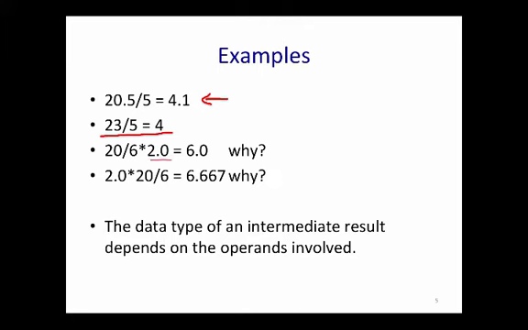Now we get a little more complicated, and we're doing multiple operations, both division and multiplication. You see the result is 6.0, and that may surprise you because there is a 2.0 in this expression. But the reason we get 6.0 is because C++ is myopic when it does its arithmetic evaluations.